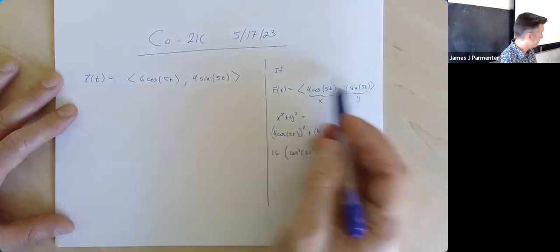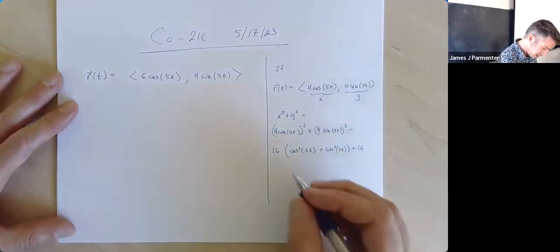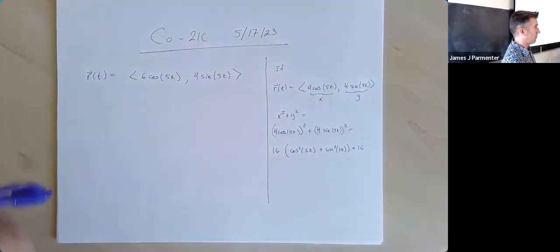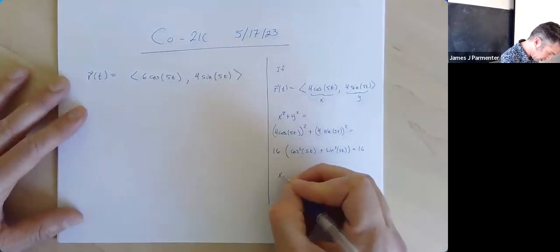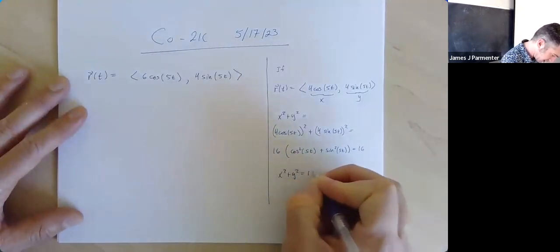Meaning this position function is really just telling you the graph of a circle, right? We have x squared plus y squared equal to 16.